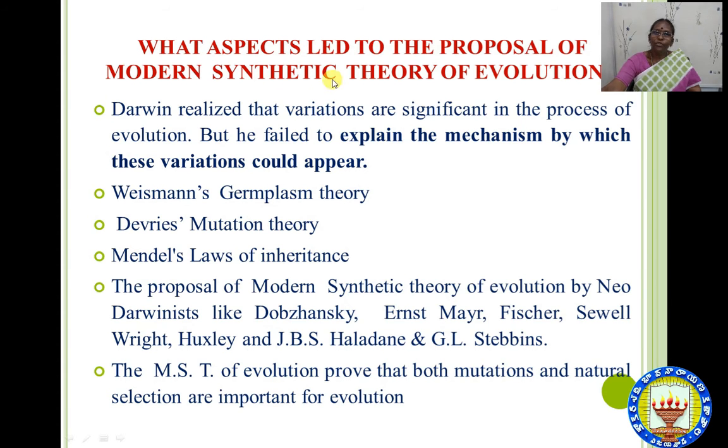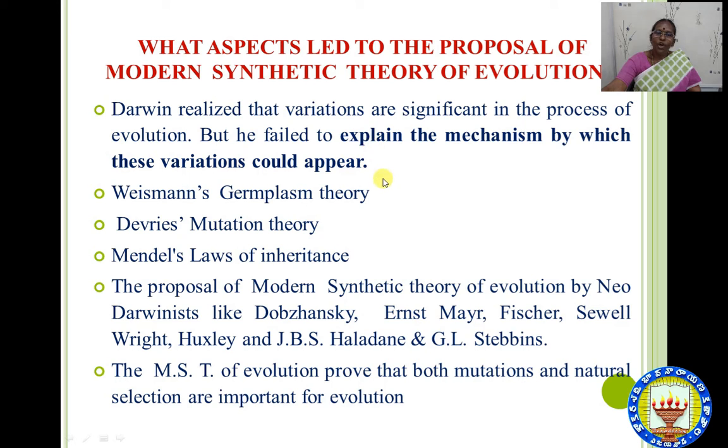But we have to know what led to the proposal of the modern synthetic theory of evolution. Though Darwin realized that variations are significant in the process of evolution, he failed to explain the mechanism by which these variations could appear.